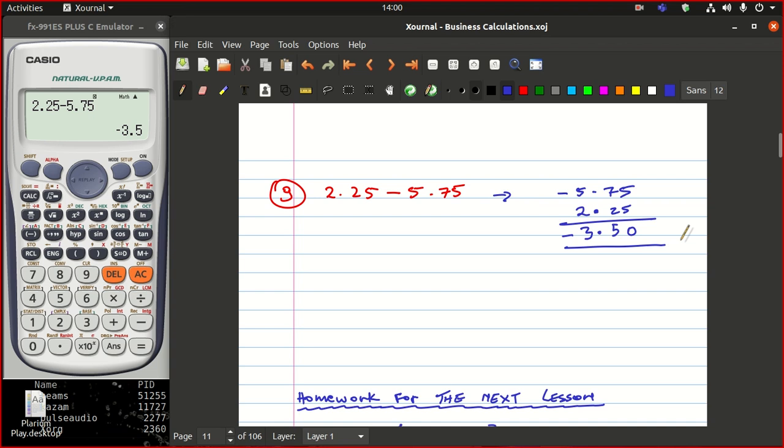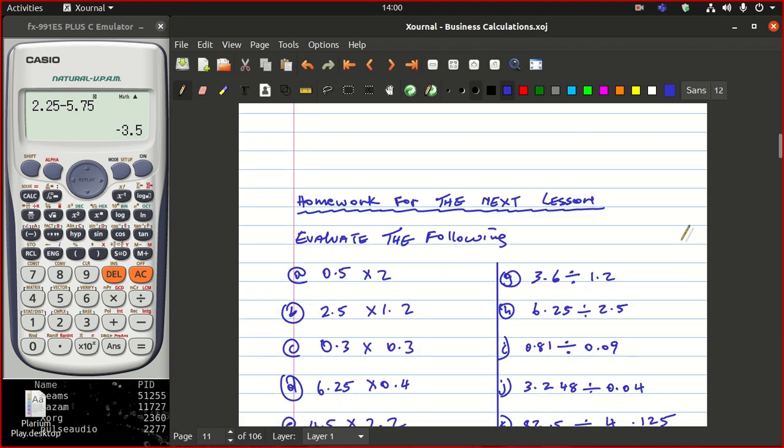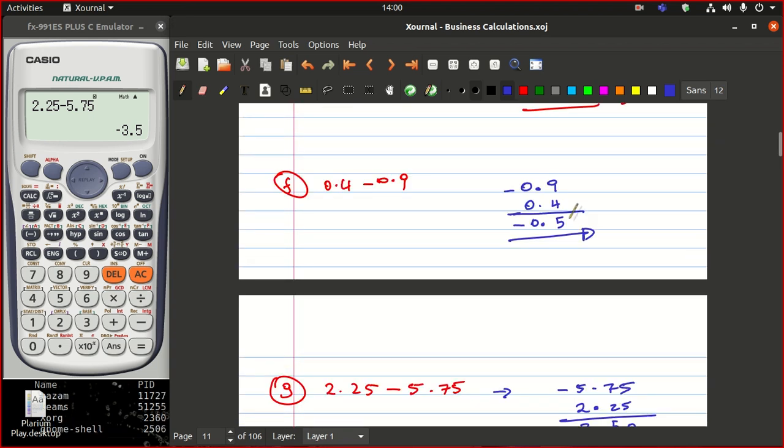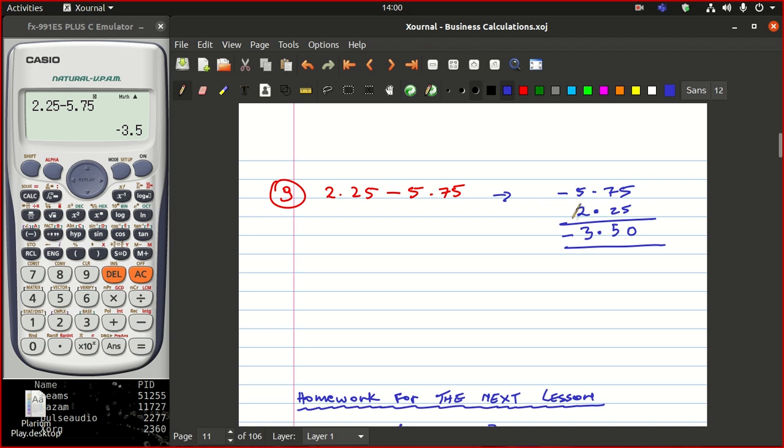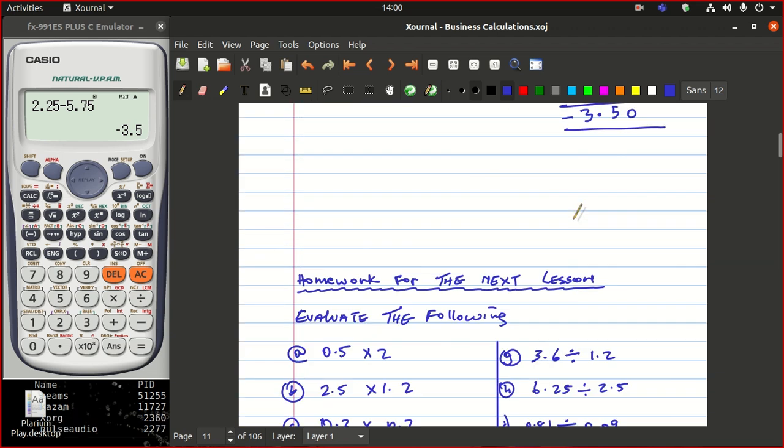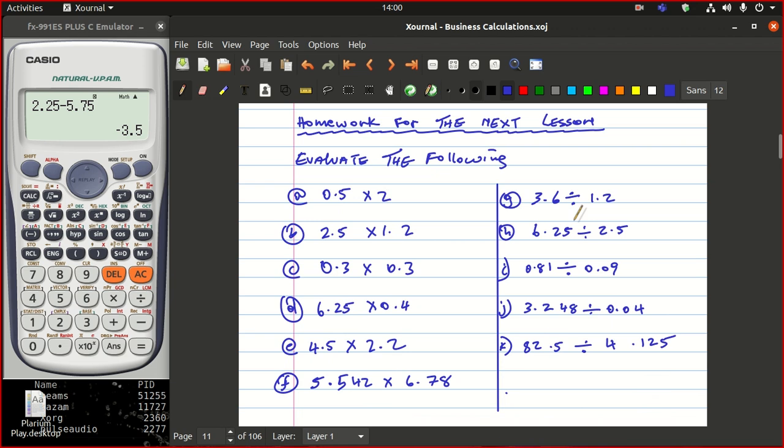So what I'm expecting from you in this particular homework, anyone who's not getting this, please you can just unmute yourself and say there is a part that you're not understanding.